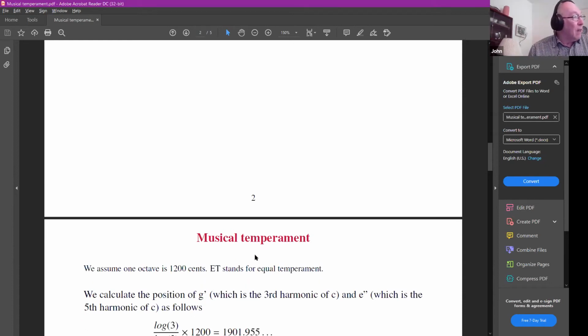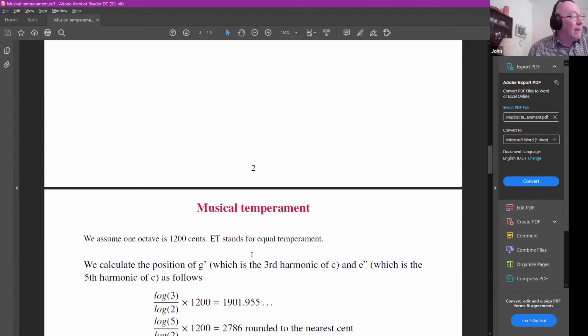And I've just, to save myself time, I just said, no, it's not an extraterrestrial, it's equal temperament. So how do we calculate exactly how many cents G is at? Well, the G dashed is 3 times the frequency. So it is log 3 along the slide rule scale. And log 2 corresponds to 1200 cents.